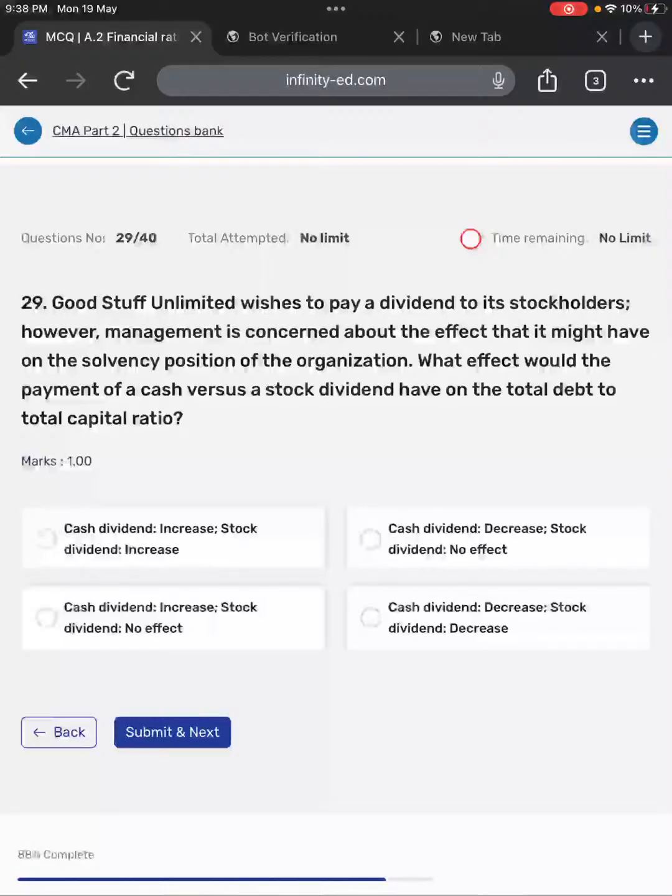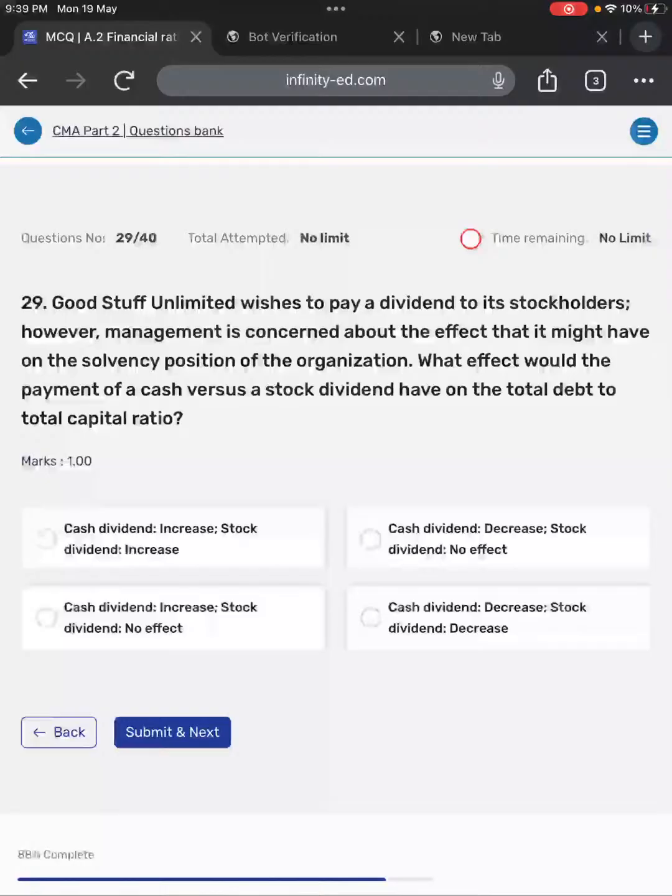What effect would be the payment of cash versus stock dividend on debt to total capital ratio? Debt to capital ratio. With a stock dividend, total capital will not increase.